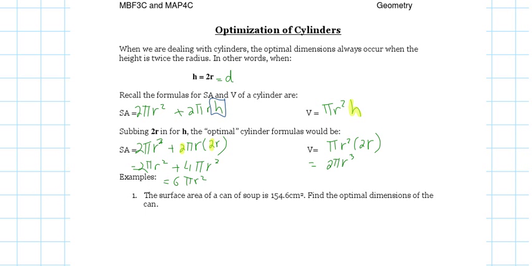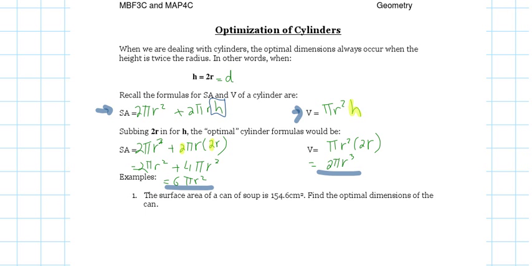So what I want you to recognize here is that my new formulas have only the radius as an unknown. In my previous formulas, I have two unknowns, the radius and the height. I need to know them in order to be able to solve. Make sense?